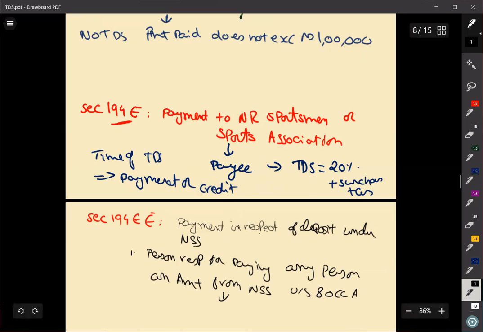Then ultimately, TDS has to be deducted. 10% is the rate of TDS.